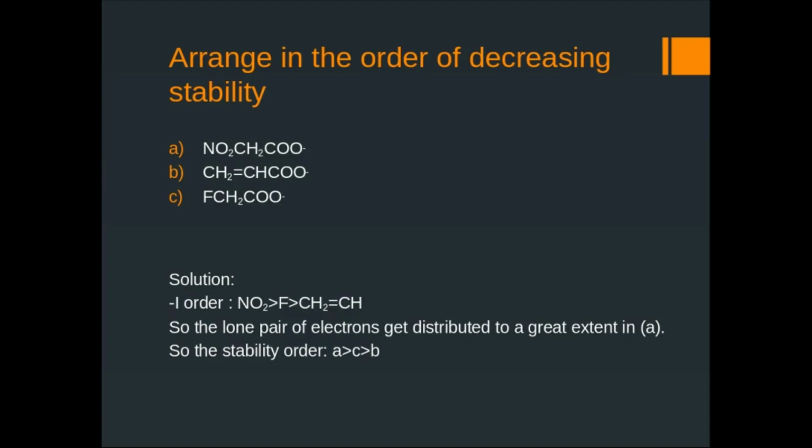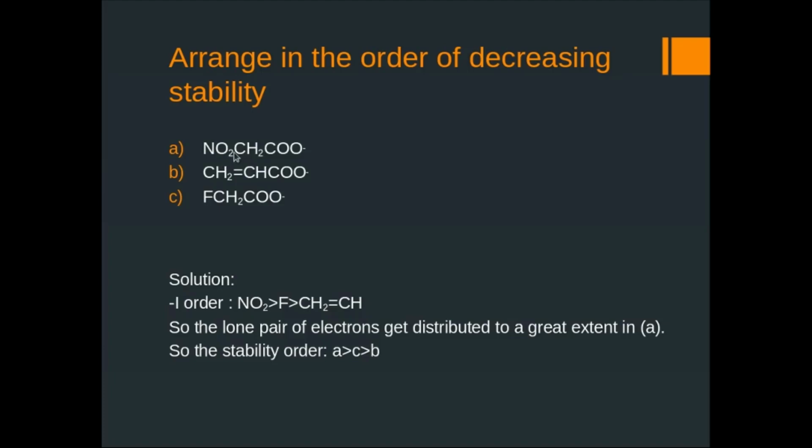Here in NO2 there are three electronegative elements playing together, two oxygen atoms and one nitrogen atom. Three electronegative elements together are in action, all showing the minus I effect.